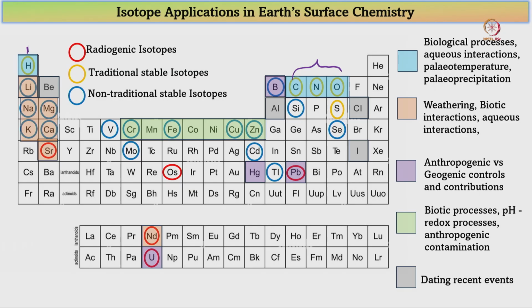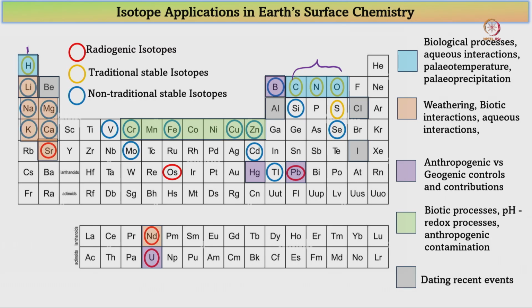So, therefore, their applications are more of understanding biological processes, how biology interacts with water, how sources of different carbon, of different types of organic matter, how that is moving in and out of an aquatic system.